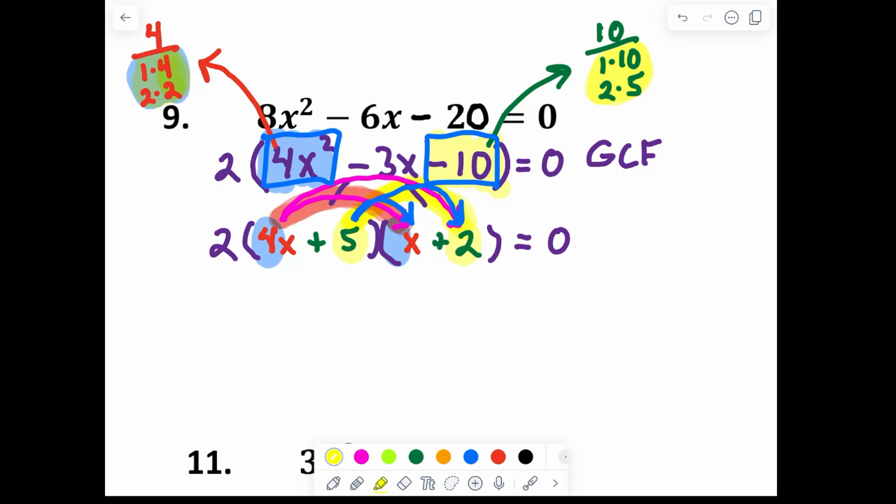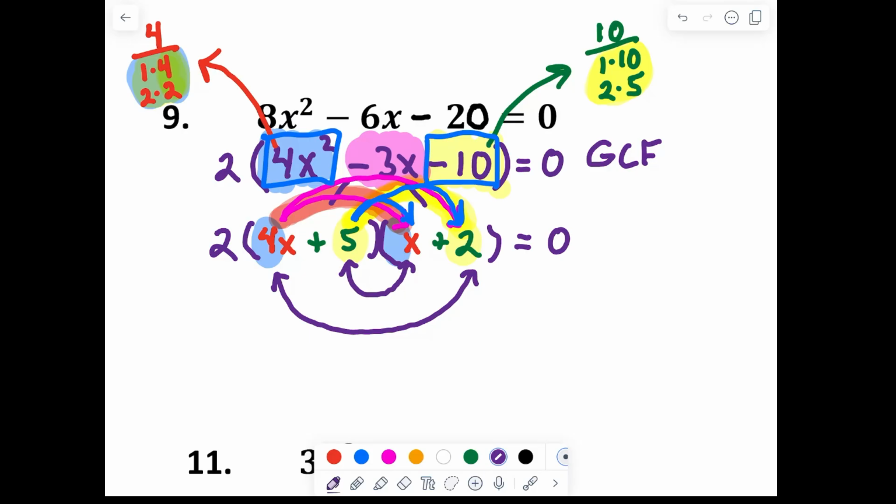Because I'm really going to use what we call a guess and check method to figure out the proper numbers that go into each spot here. So if I'm using only one of those factors for my last ones, and only one of these factors over here for my first terms, I know that I have my first term and my last term taken care of, right?